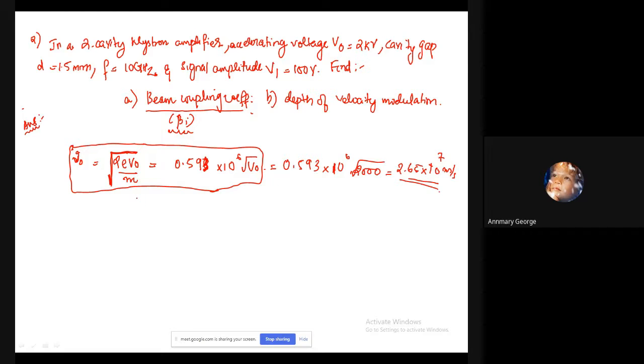Next, we have to find out the transit time, that is tau. Tau equal to d by v0. What is d? 1.5 mm. 1.5 into 10 raised to minus 3 by, what is v0? 2.65 into 10 raised to 7. What is the value of tau?